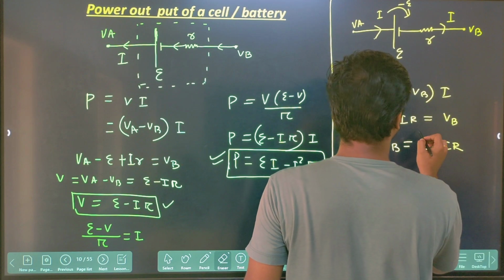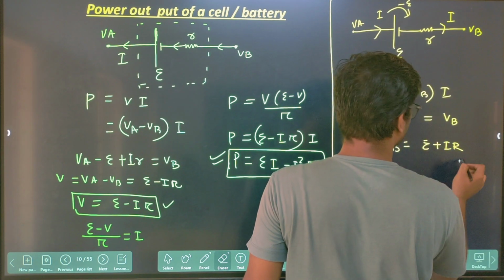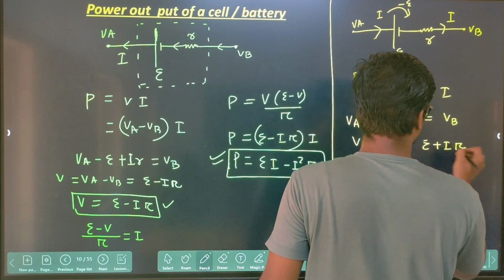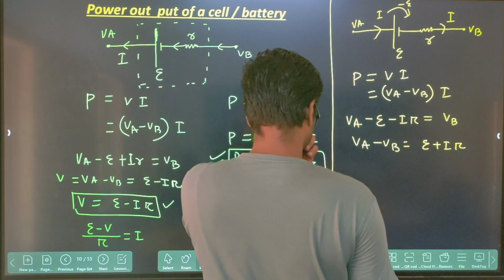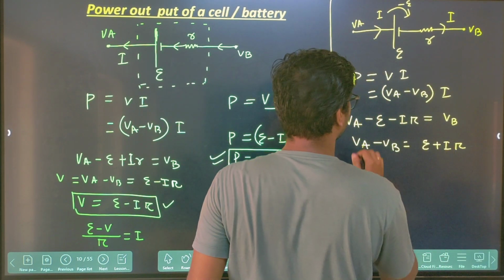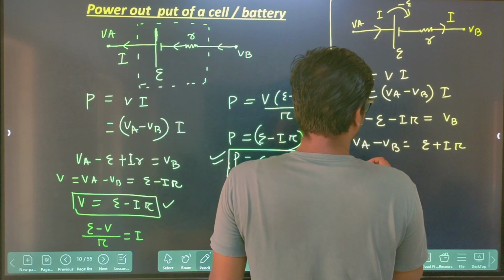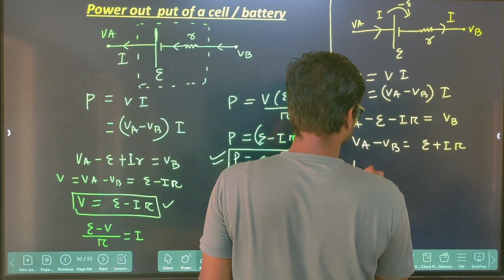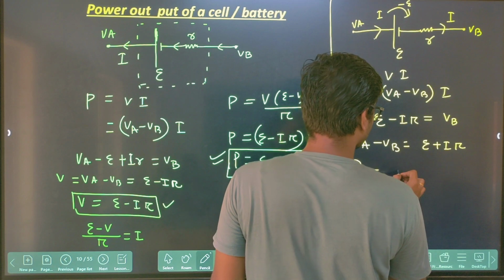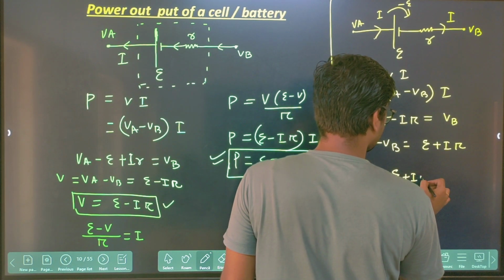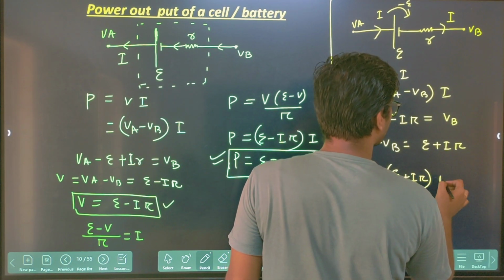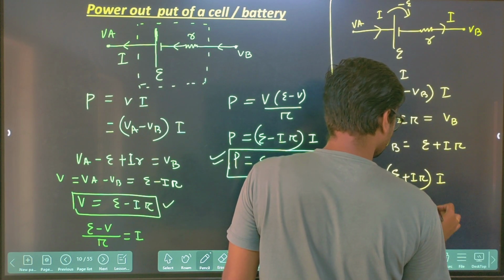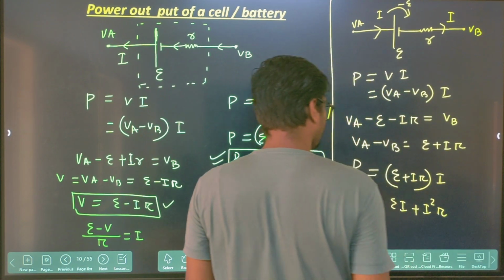Internal resistance we have taken small r, I into r. Clear? This is going to happen. So can you put this VA minus VB here? So you will tell that power equal to E plus IR into I, that is your EI plus I square R.